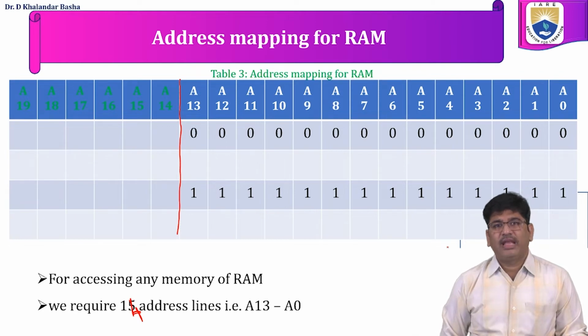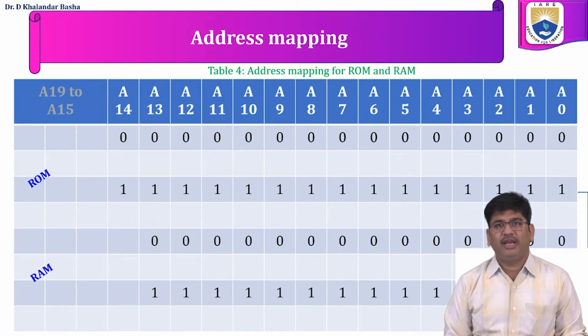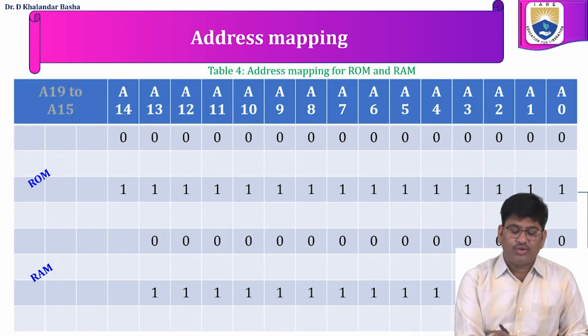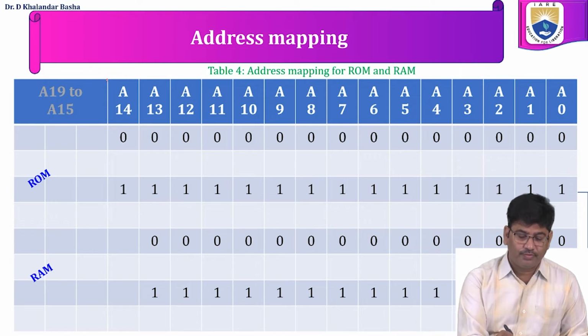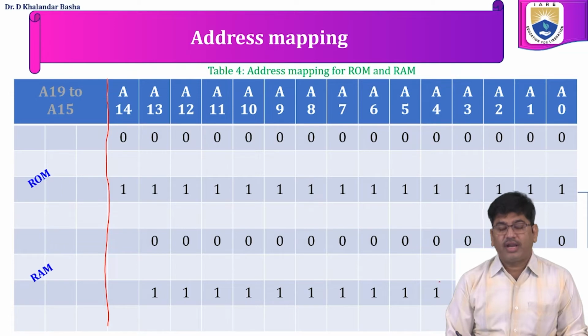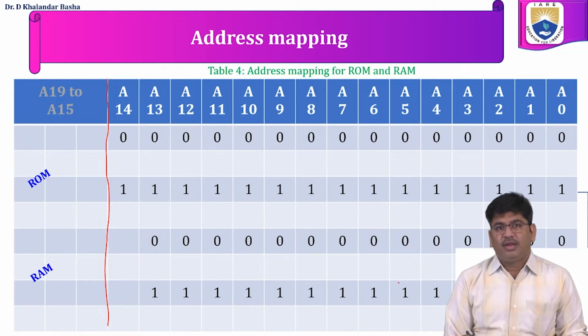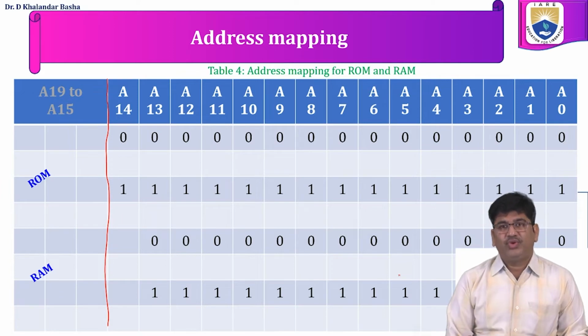By combining the address space of both the RAM block and ROM block, this is the address space which we require. For ROM, we require A0 to A14. For RAM, we require A0 to A13. Here, whatever address space we have for RAM, the same address is given for ROM also.